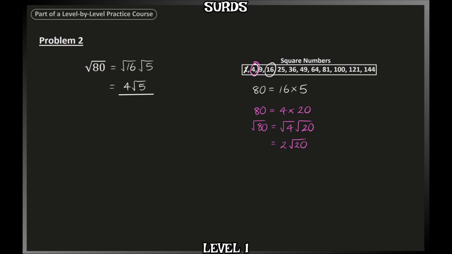Now 20 can be divided by 4 again, because 20 can be written as 4 times 5. So the square root of 20 can be written as the square root of 4 times the square root of 5. The square root of 4 is 2, so this becomes 2 times 2 root 5. And because 2 times 2 is 4, 2 times 2 root 5 is 4 root 5, which is the same answer we got using the first method.